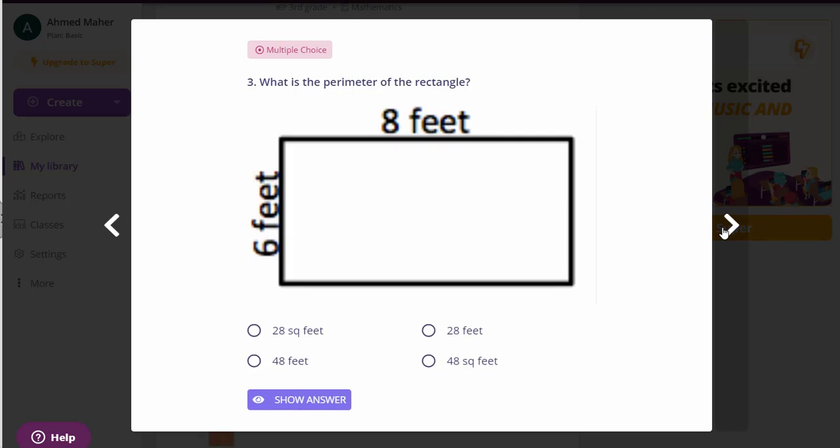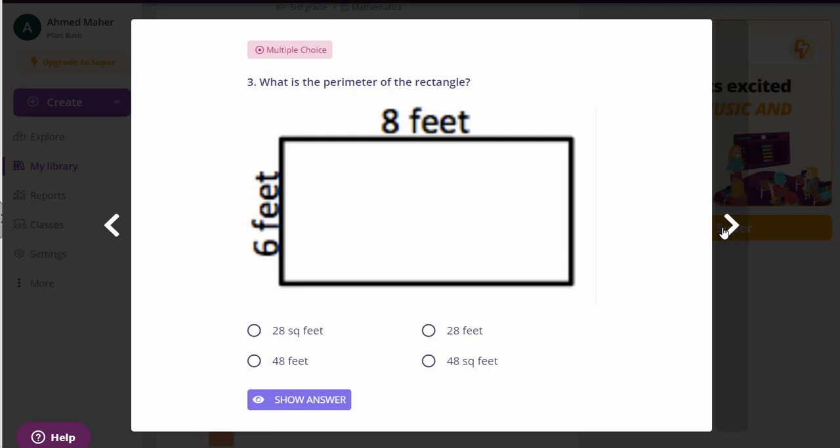And Osama? Al-Hassan? Go ahead, Al-Hassan. 6 feet and 8 feet. What is the perimeter of the rectangle?